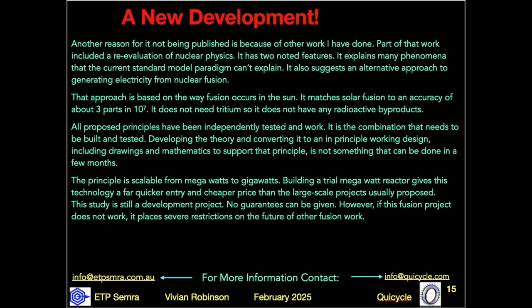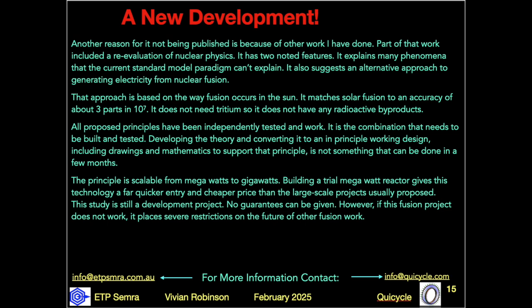All proposed principles have been independently tested and work. It is the combination that needs to be built and tested. Developing the theory and converting it to an in-principle working design, including drawings and mathematics to support the principle, is not something that can be done in a few months. The principle is scalable from megawatts to gigawatts.